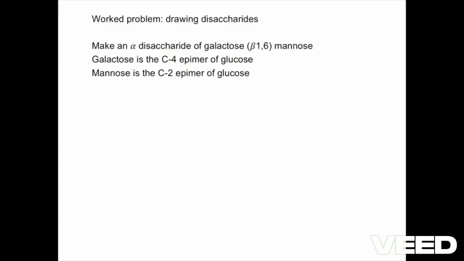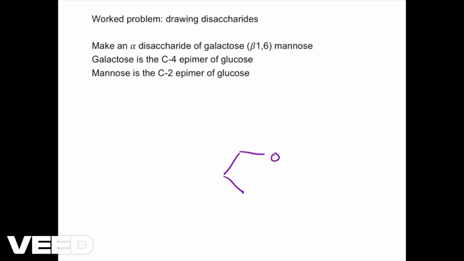So this one asks us to make an alpha disaccharide of galactose beta 1,6 mannose. So this is going to carbon 6 of mannose. So let's go ahead and draw mannose first. So we've got hydroxyl at carbons 2 and 3 pointing up, hydroxyl at carbon 4 pointing down.